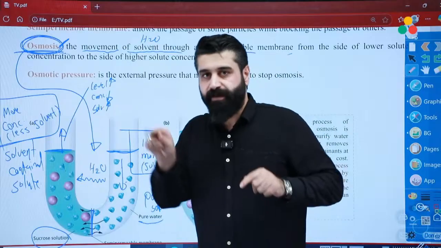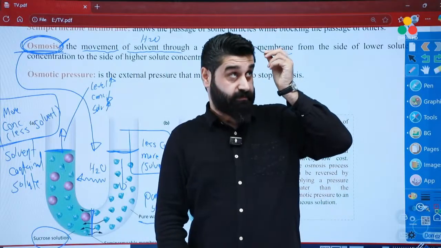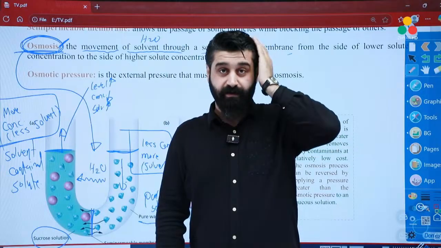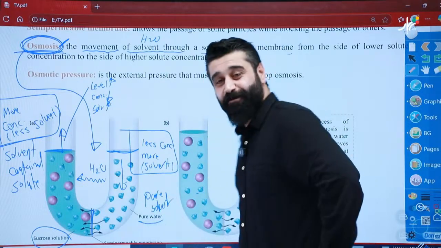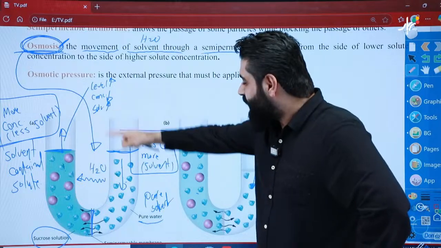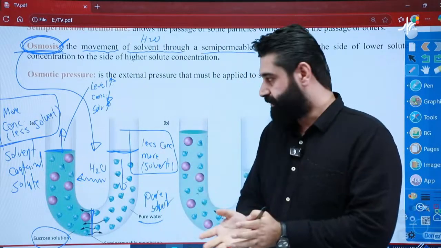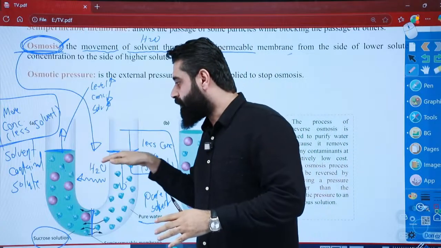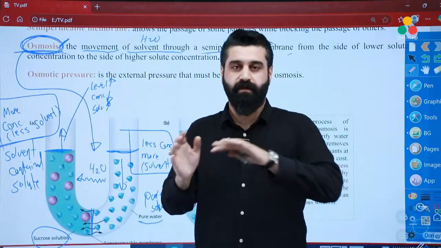So we have a U-shaped tube with a membrane which is called a semi-permeable membrane. Good. Then two equal amounts of different concentrations. One is more concentrated than the other.